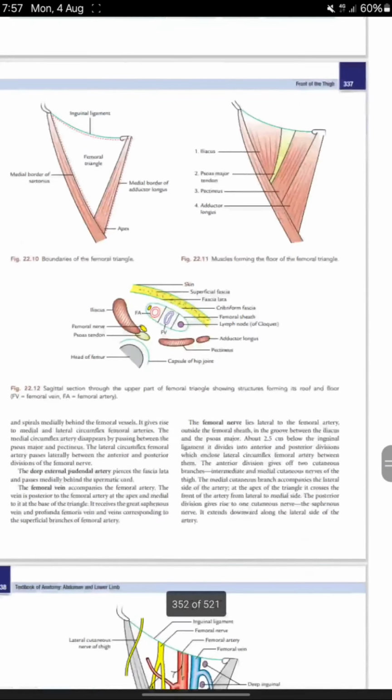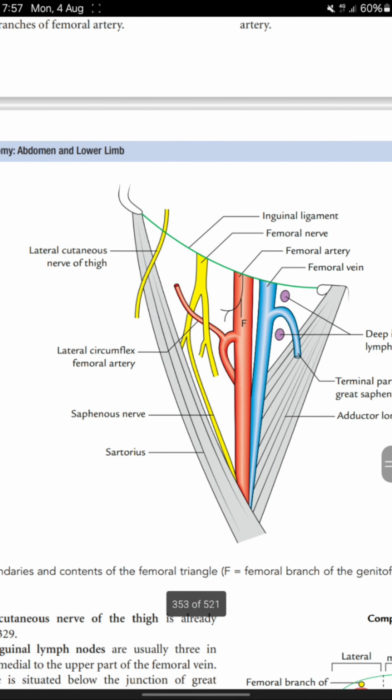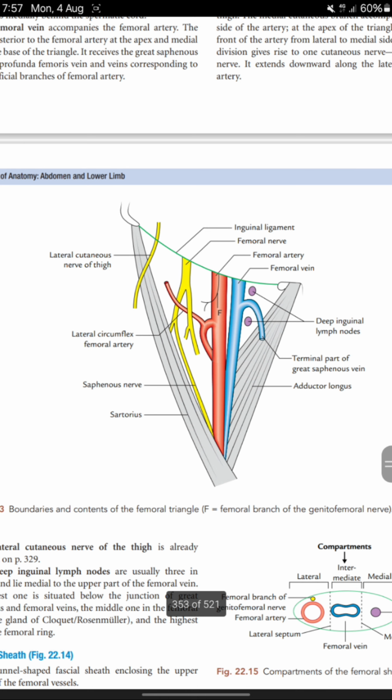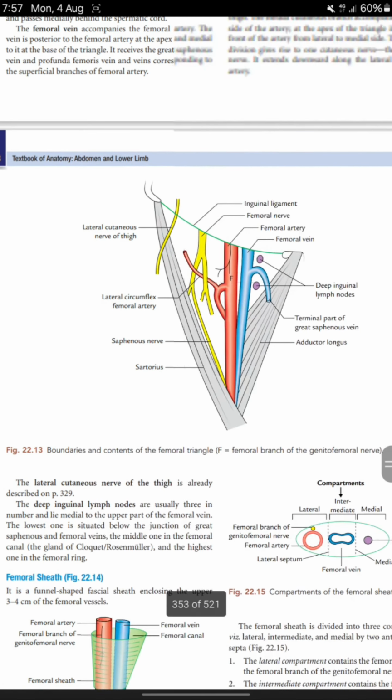We should simply draw this diagram. This is the main diagram for the femoral triangle. Firstly, you have to remember the sequence of structures from medial to lateral. The medialmost structures are lymph nodes. Firstly, you should remember the femoral sheath is present most medially.